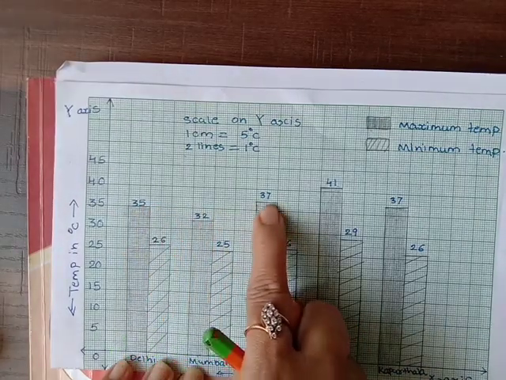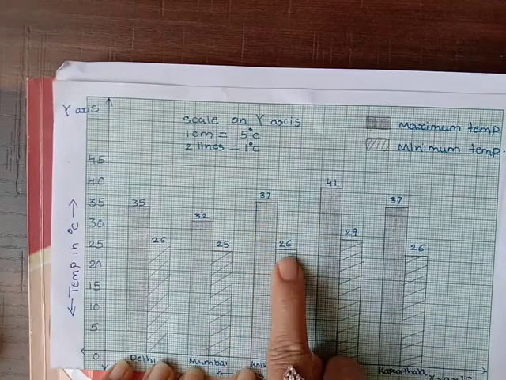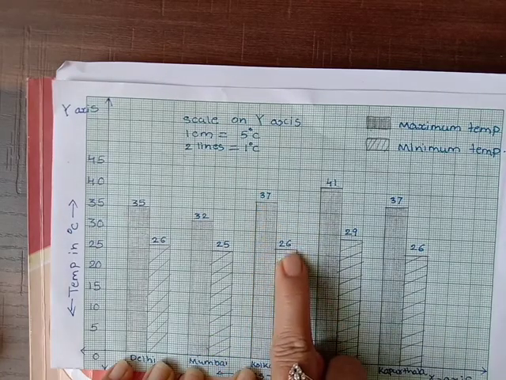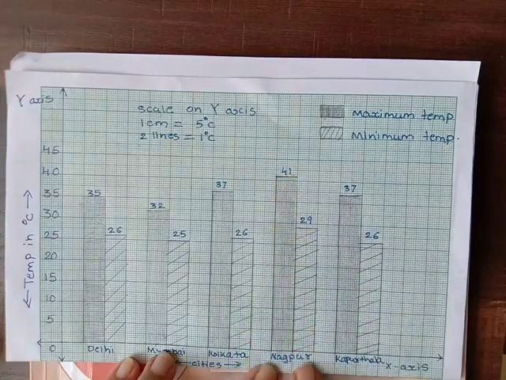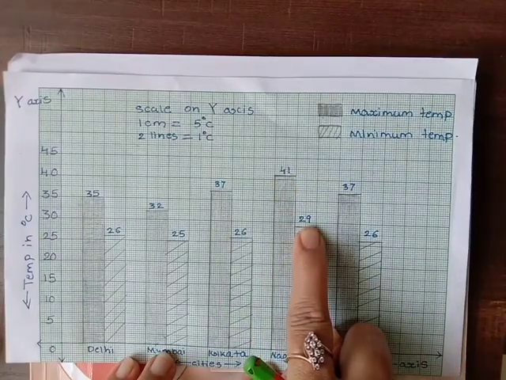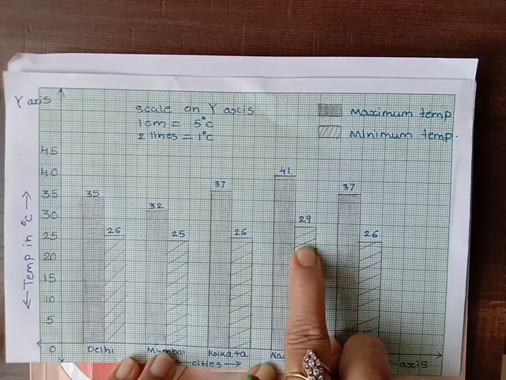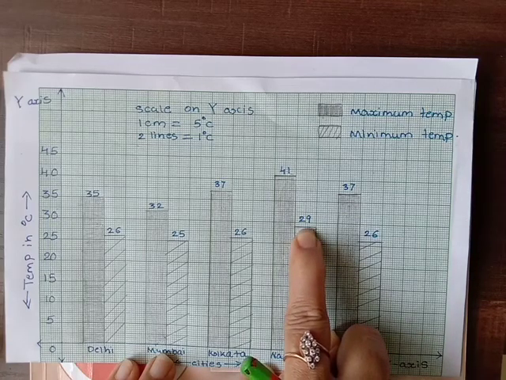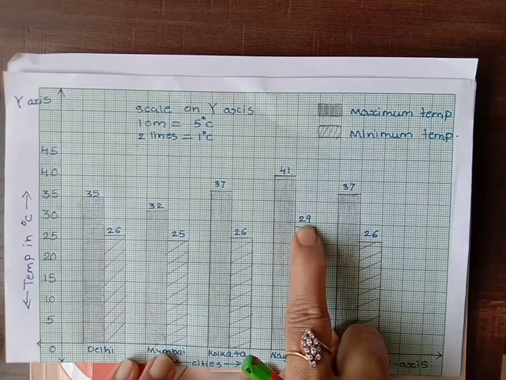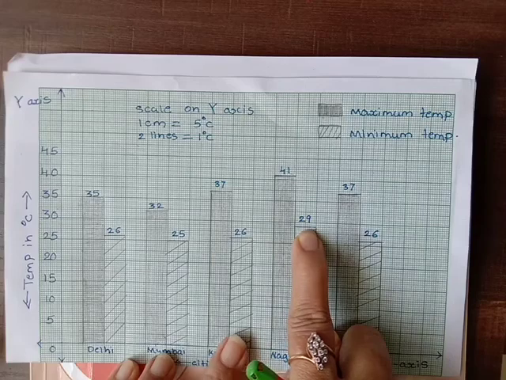Above 35 there should be 4 lines. And here 26. Above 25, 2 lines. Look at this, Nagpur 41. Above 40, 2 lines. Minimum 29. 29 means above 25, you can see over here, 8 lines, or below 30, 2 lines. Both ways it is correct.